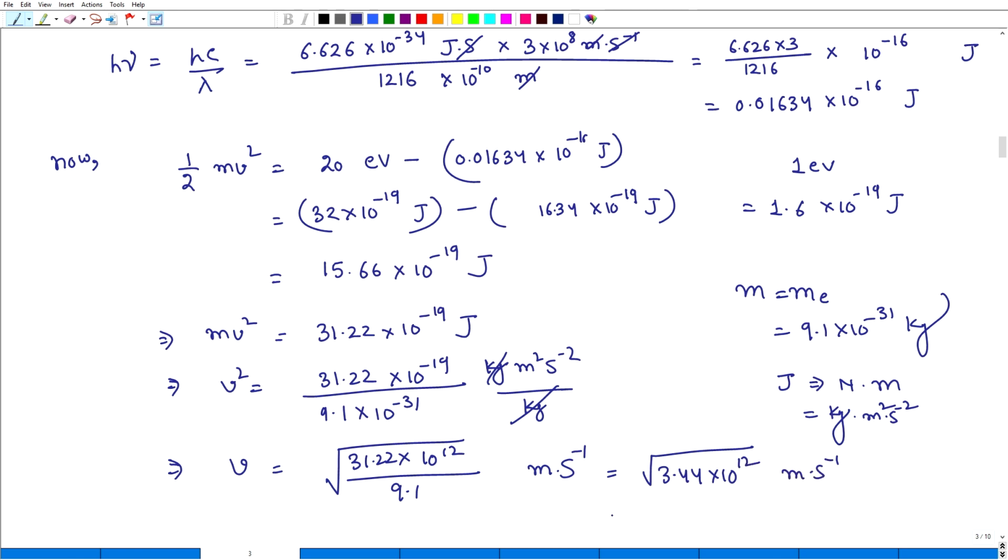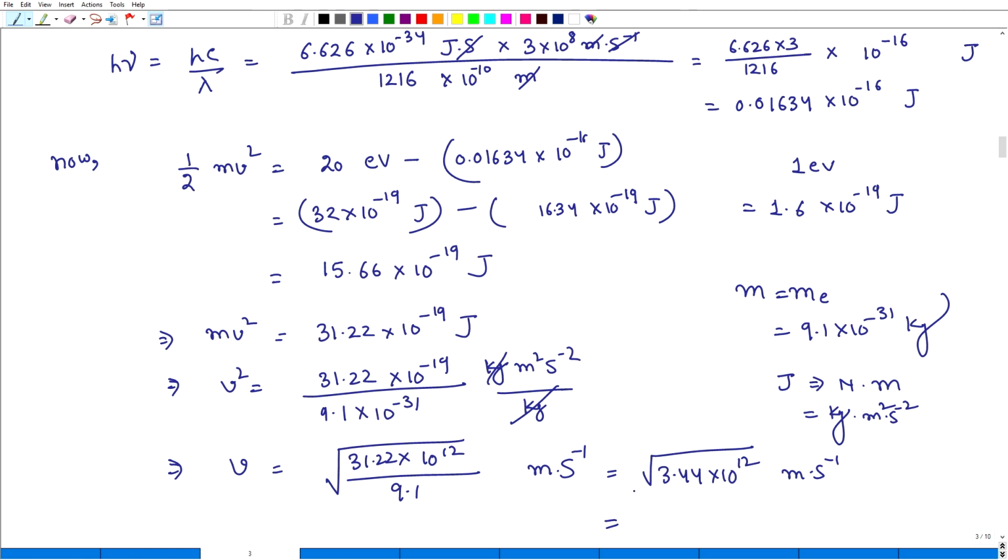This is v square after collision, and we have to take the root of this answer.